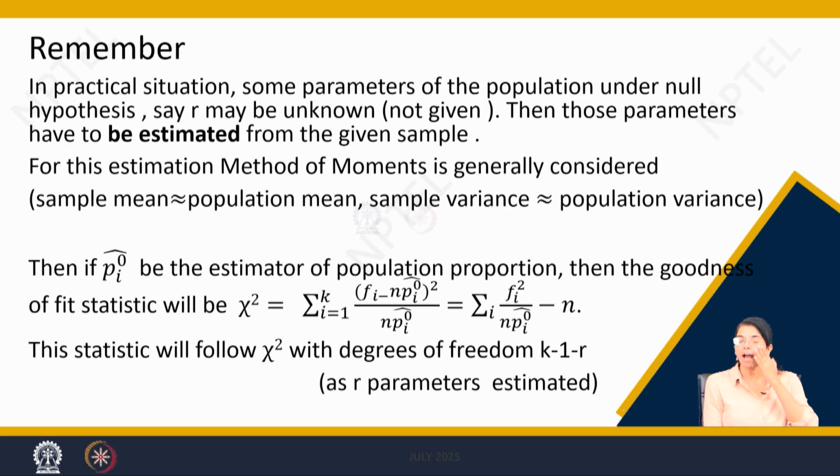But you have to remember, when you are estimating those unknown parameters, subsequently the degrees of freedom of chi-square will be reduced. Earlier it was chi-square with degrees of freedom k minus 1, but after estimating, say, r parameters, the degrees of freedom will be k minus 1 minus r.